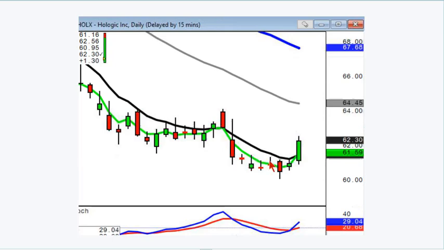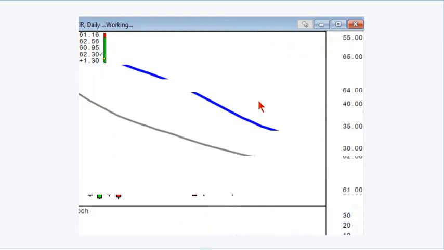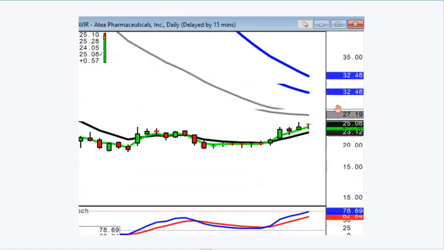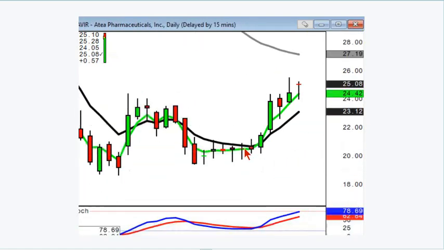Remember what one doji represents: indecision. What does a whole series of dojis represent? Bigger indecision. What do we expect after a series of indecision, and then it tells us which way they want to go? Usually it's a very strong price move. We did that same analysis here on AVIR.